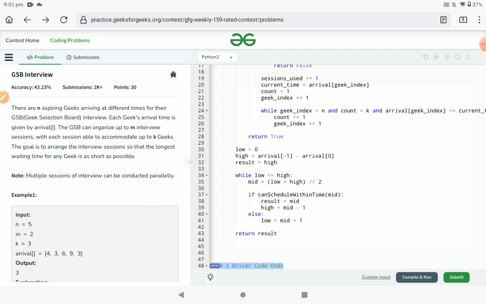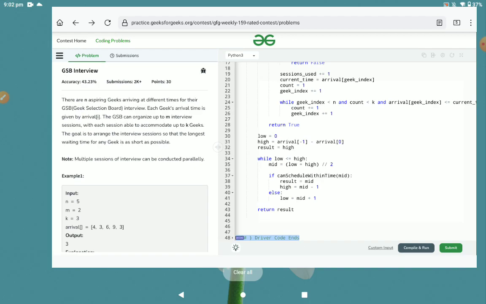It will check all the geeks, and we schedule such that no geek waits longer than t time units. Using greedy scheduling we start the first session at the first arrival time. Then there will be the waiting time. Let's try to understand with the help of an example. It will be simpler for you.